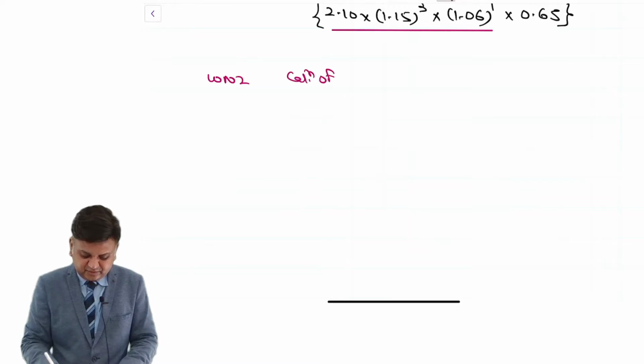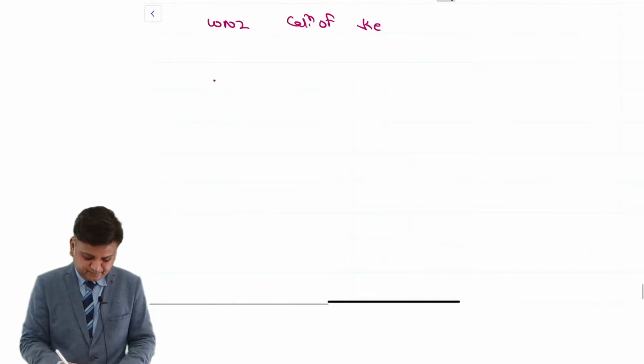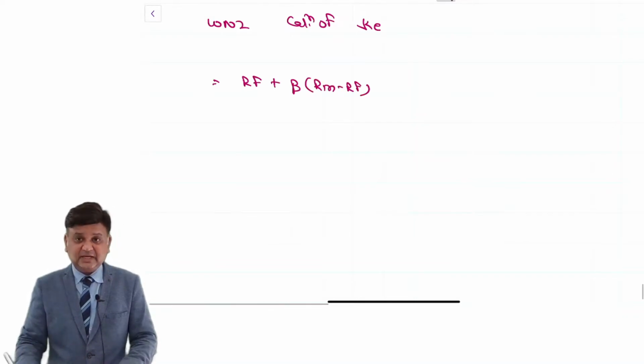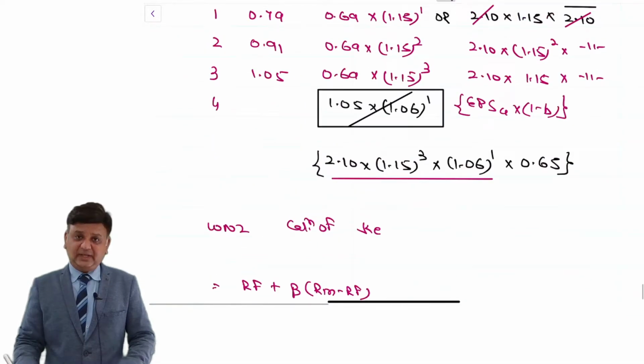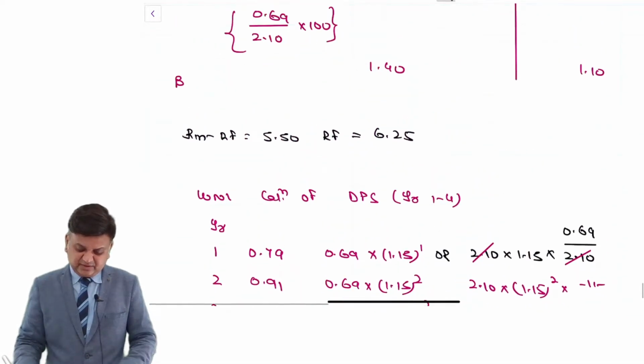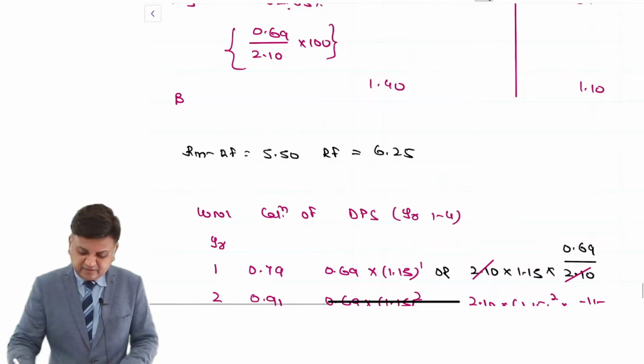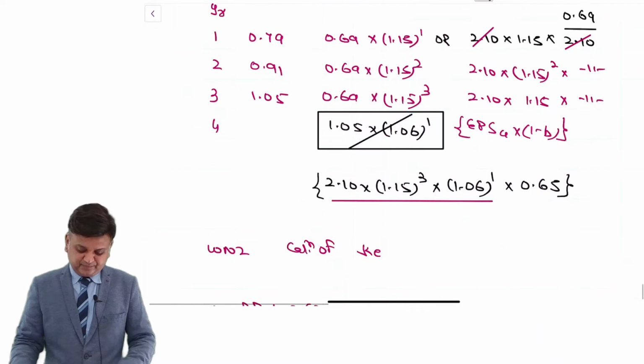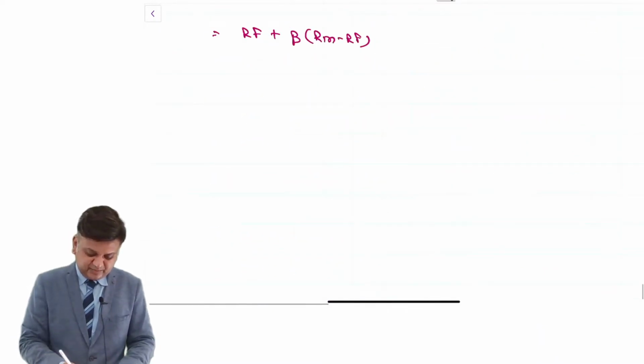calculation of cost of equity. Of course, using CAPM, RF plus beta into RM minus RF. Since I am interested to know P3, I would be interested in this beta of equity. So RF is 6.25, provided to us in the example.